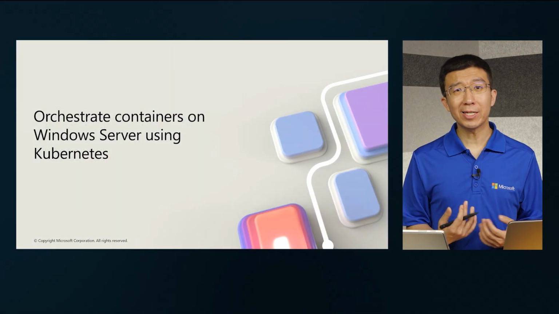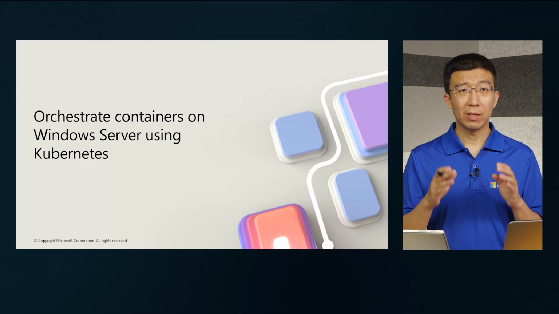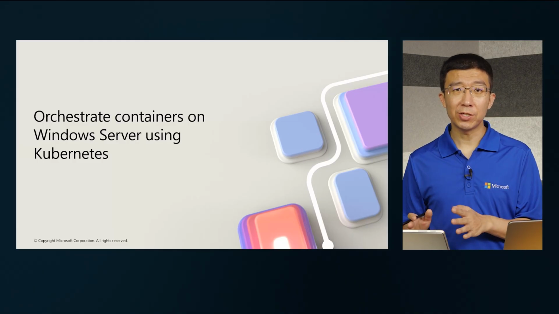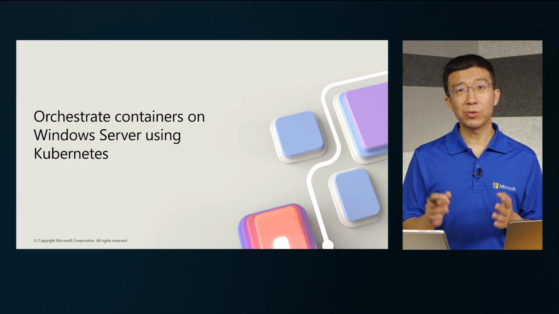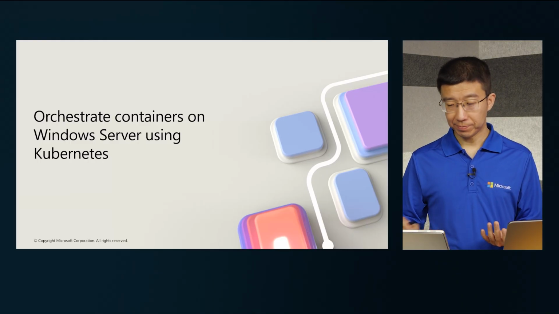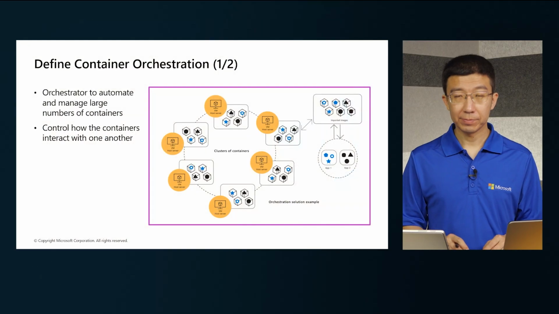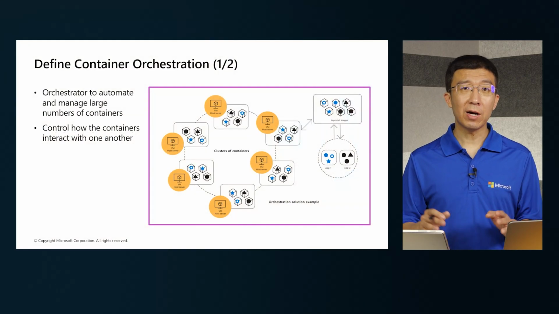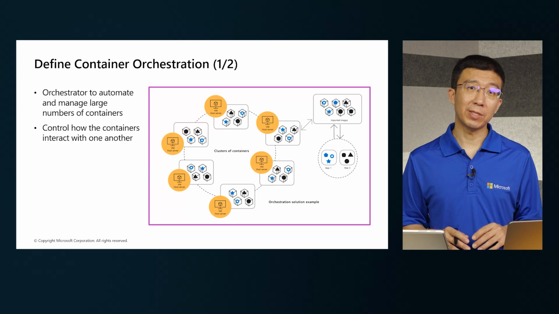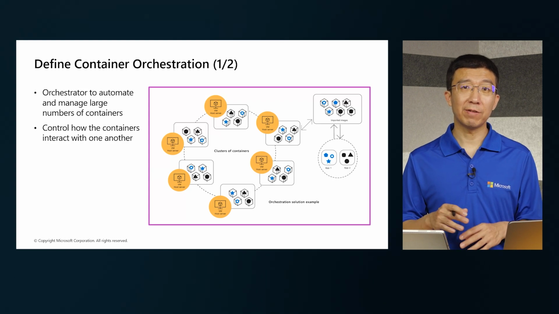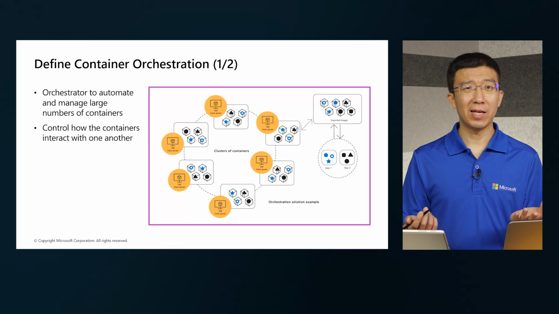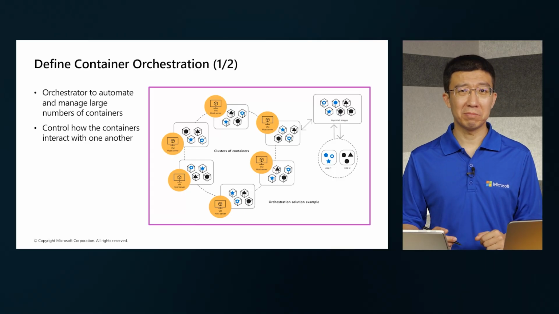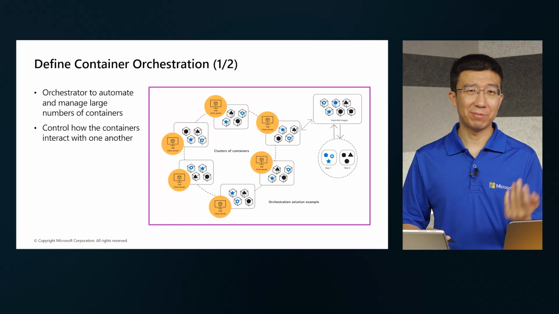Now, let's look at container orchestration: automating and managing large numbers of containers using tools like Kubernetes. Container orchestration automates deployment, scaling, and management of containers. If you just have a few containers, manual management is fine, right?